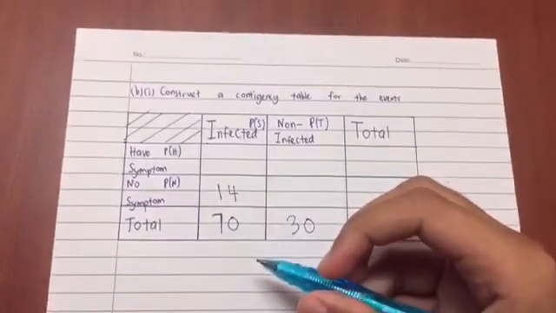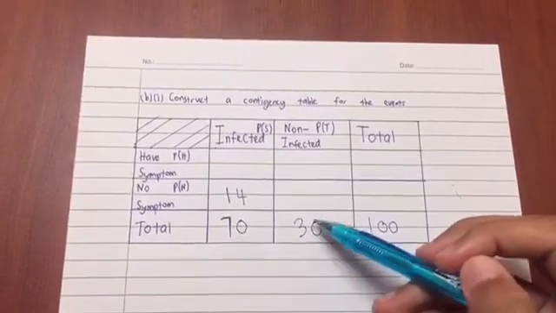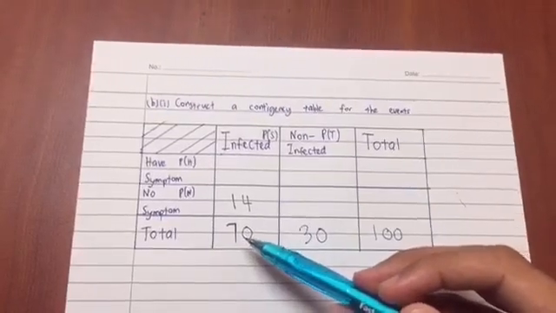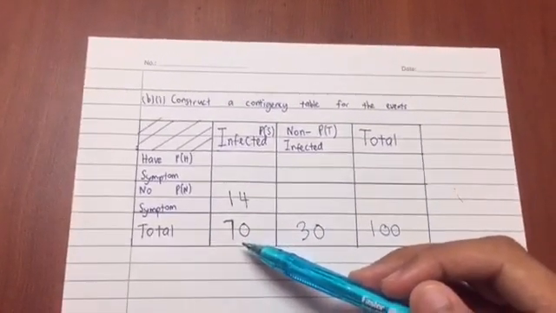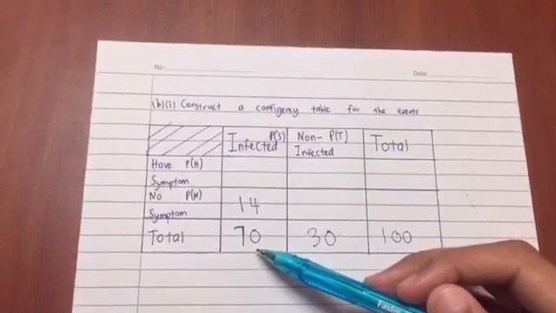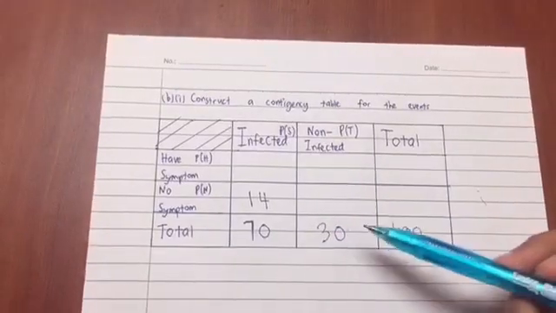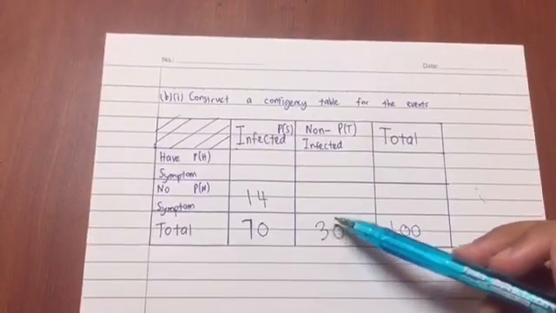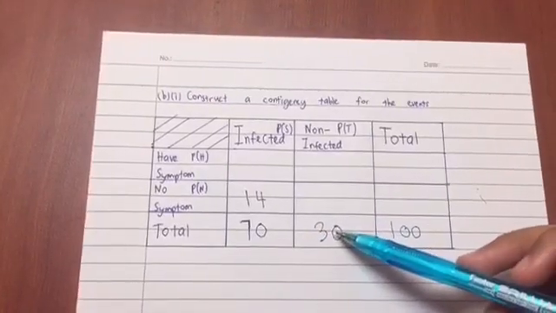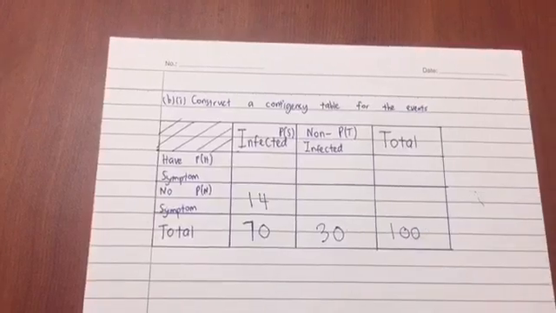Because the total probability is equal to 1, to get this value we just do 1 minus 0.7, which is the 0.7 stated in the question. So 1 minus 0.7, we get 0.3. We assume it as 30, and we get the total 100.